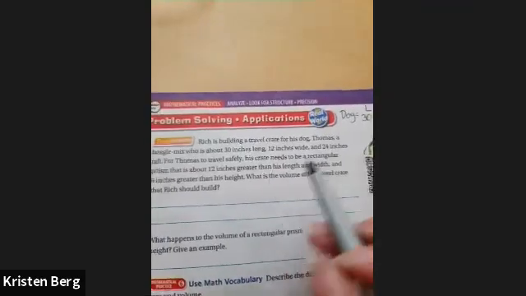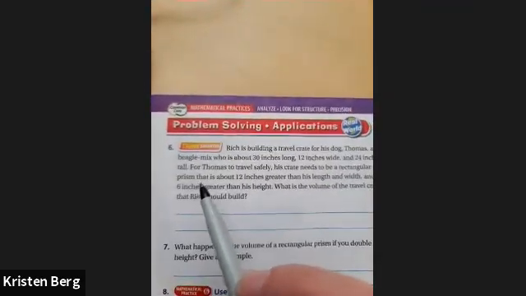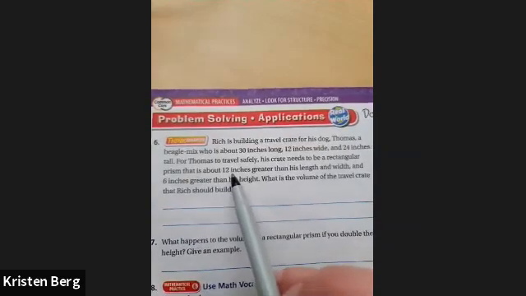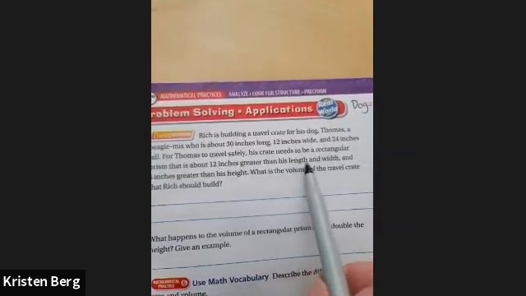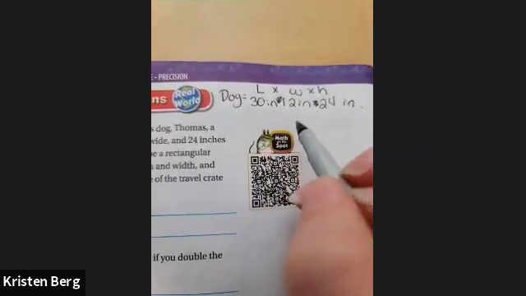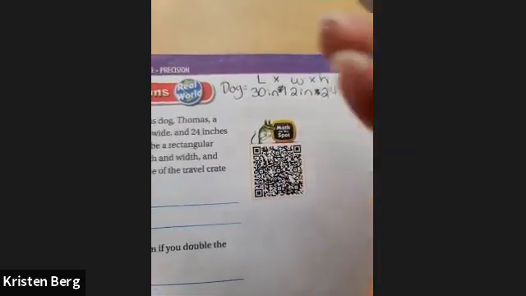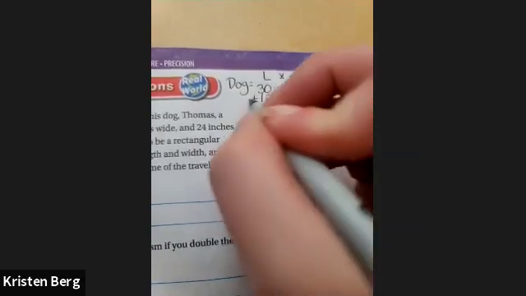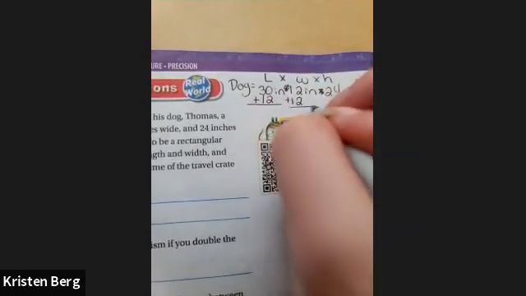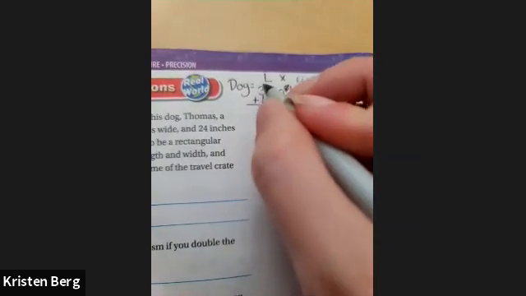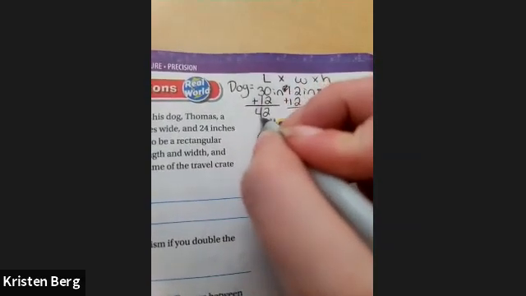It says that his crate needs to be a rectangular prism that is 12 inches greater than his length and width. So the length and the width need to be 12 inches bigger, in both directions. So with the length and the width, we have to add 12 inches to that to travel safely. So this would be a 2, this is 4.